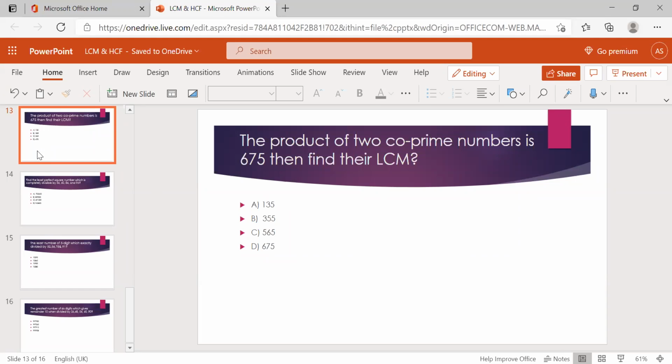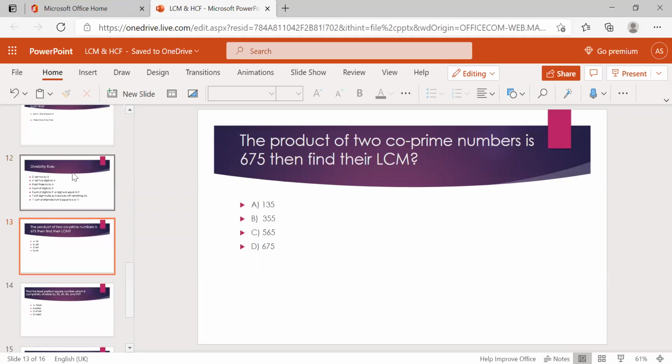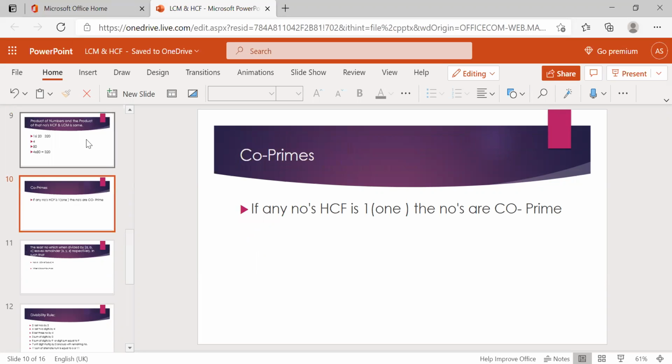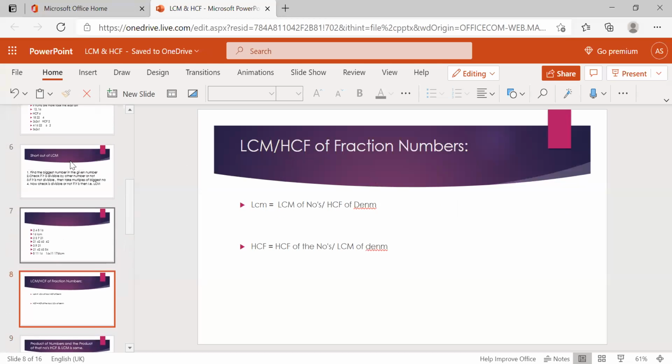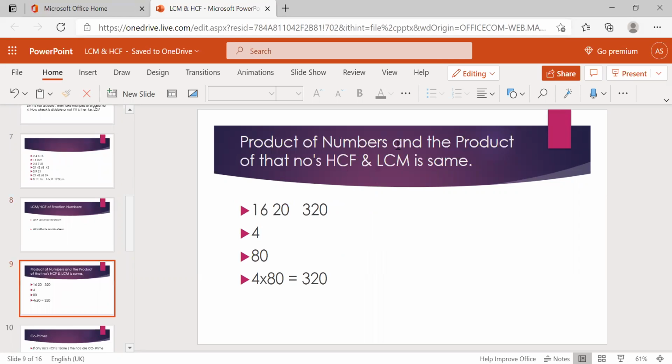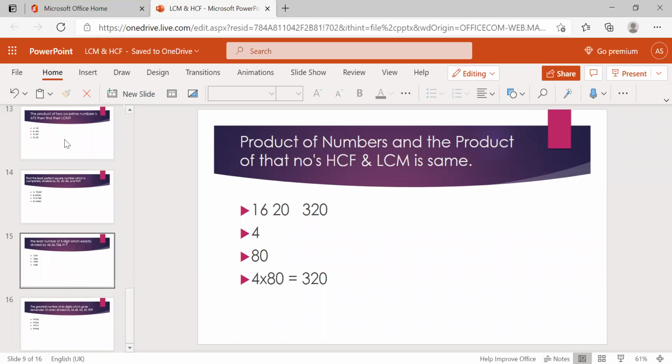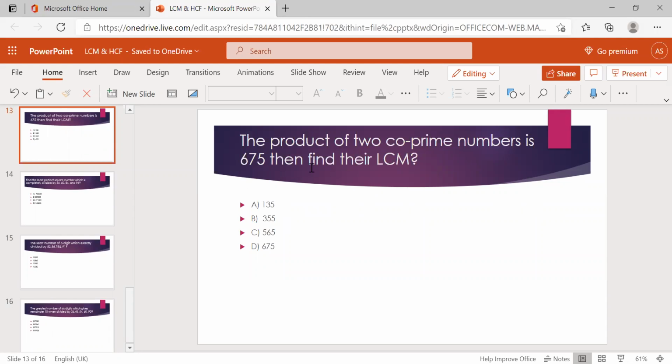The product of two numbers is the product of their HCF and LCM. So we know the HCF is 1 for co-primes. Then the LCM is the product of those numbers only, right? So directly you can take 675.